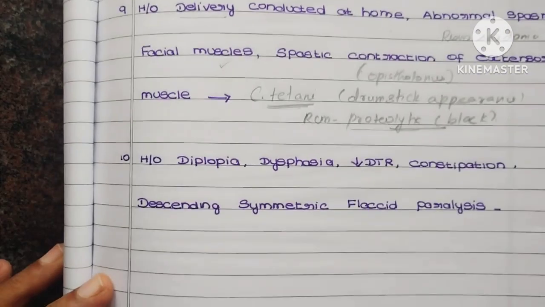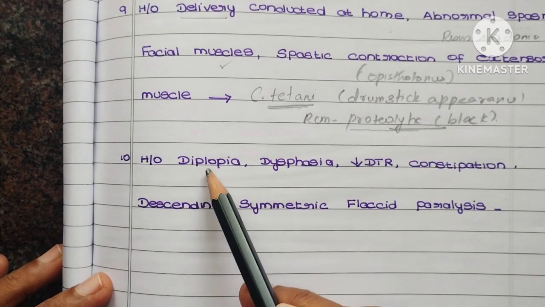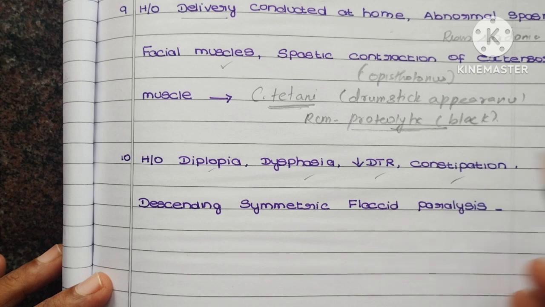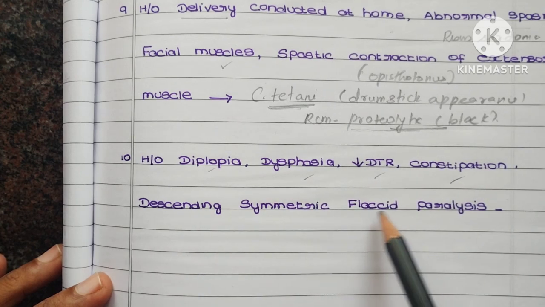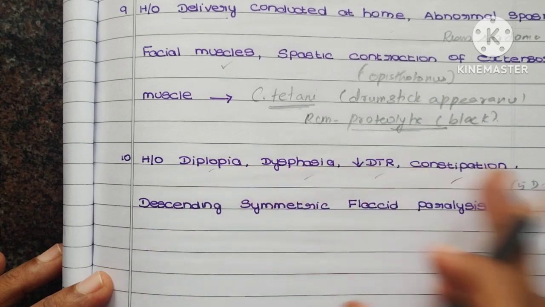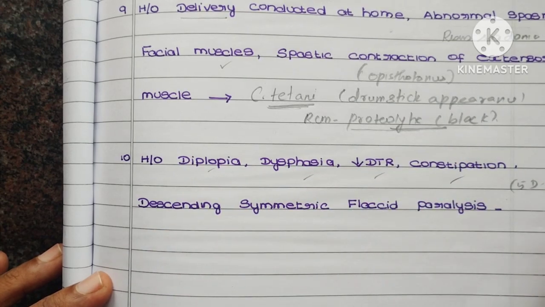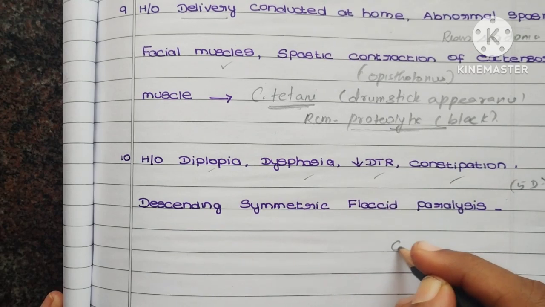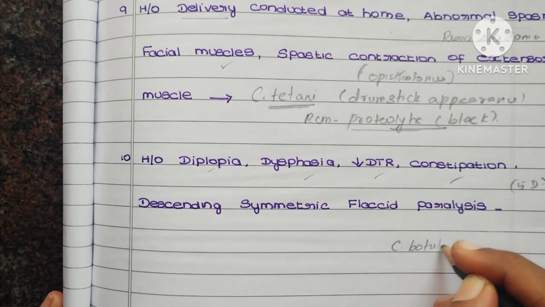Coming to the next and final question: history of diplopia, dysphagia, decreased deep tendon reflexes, constipation, and descending symmetric flaccid paralysis. As you know, there are the 5 Ds. If you come across this, then it is Clostridium botulinum.